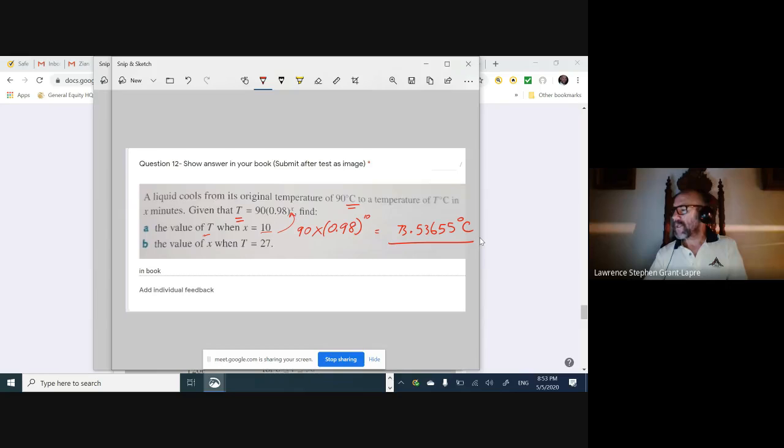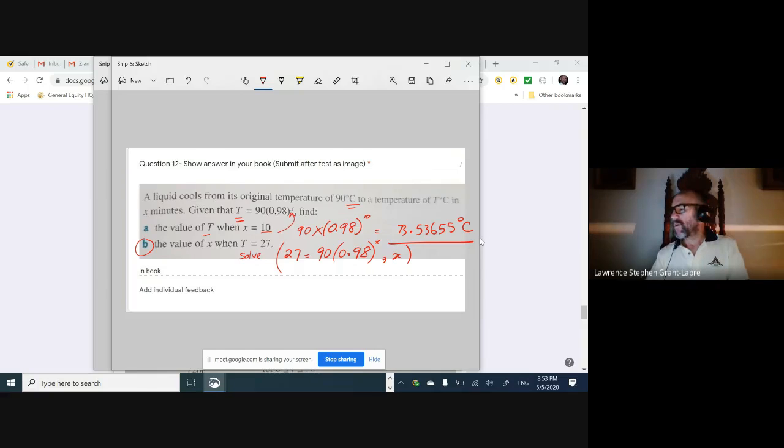When time is 27, part B, we've got 27 equals 90 times 0.98 to the power of x. Now, look, if this is requiring a calculator, it's simply easier just to do the solve and put comma x.